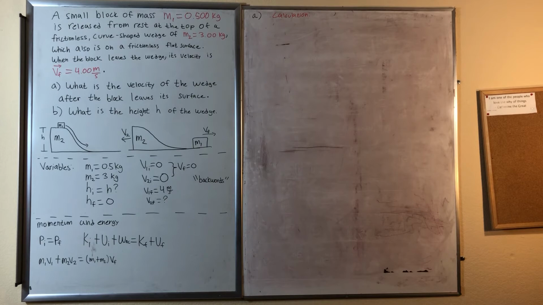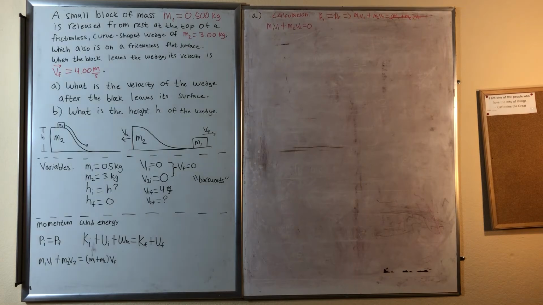Rewrite the momentum equation, P initial equals P final, and expanding gives m sub 1 times v sub 1 plus m sub 2 times v sub 2 equals m sub 1 plus m sub 2, all times velocity final. Remembering our velocity is actually 0, so that right side all goes to 0 and can be crossed out.